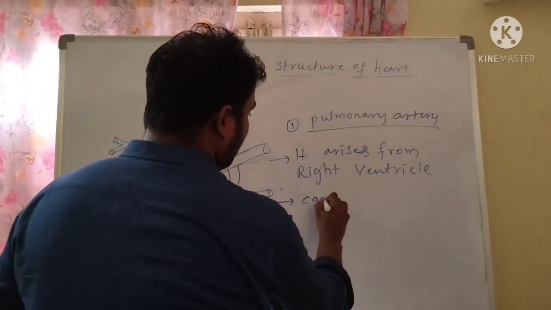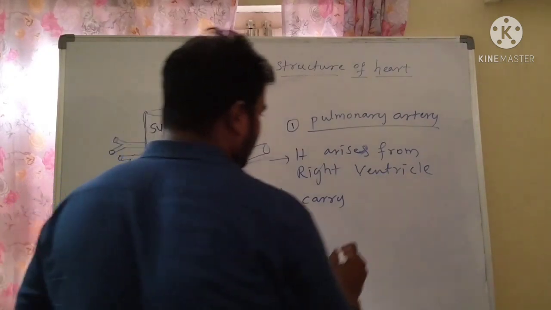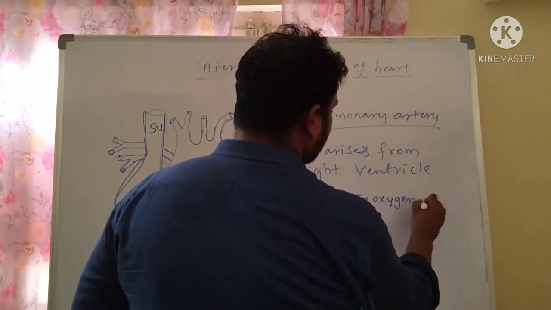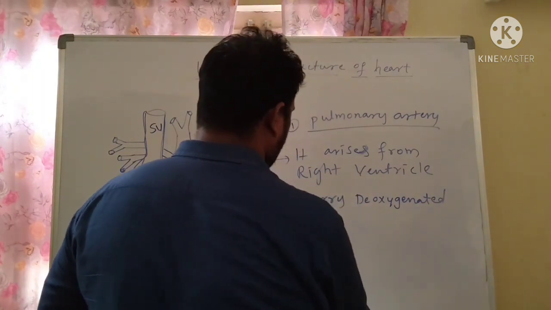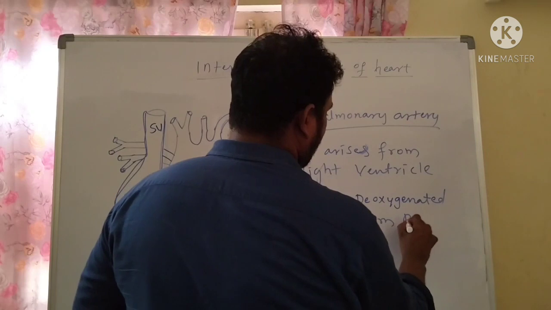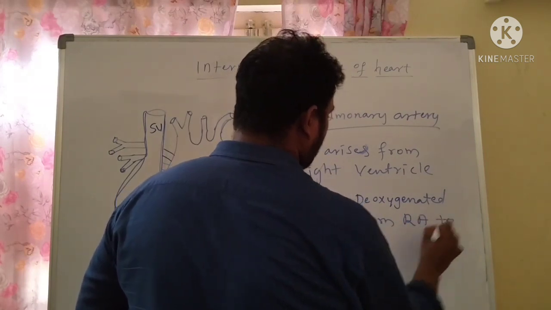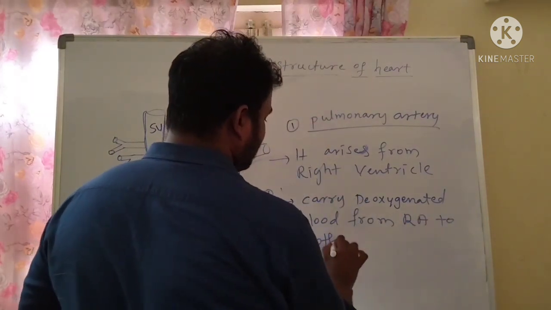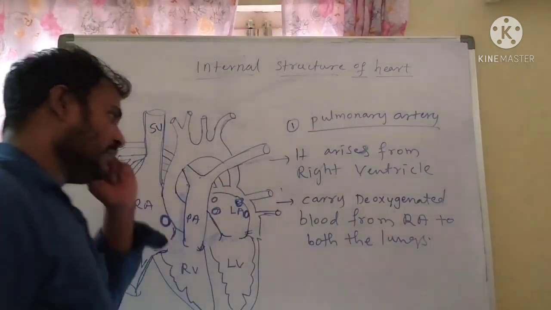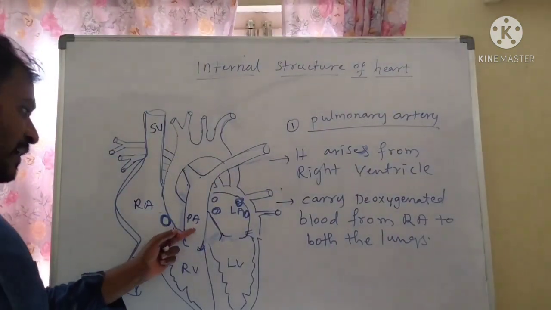It carries deoxygenated blood from the right ventricle to both the lungs.